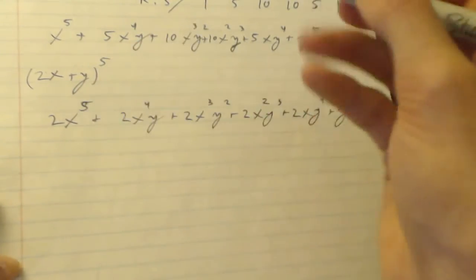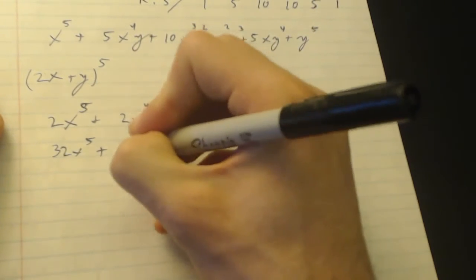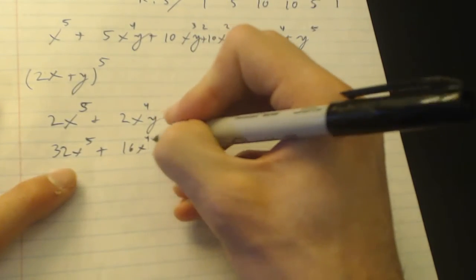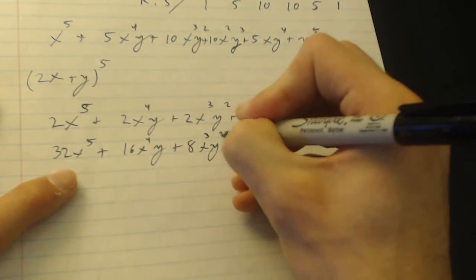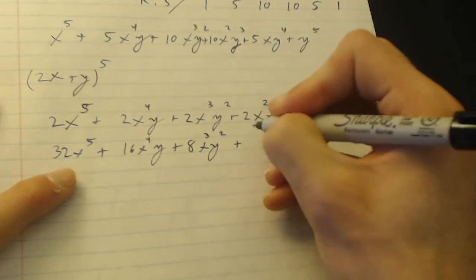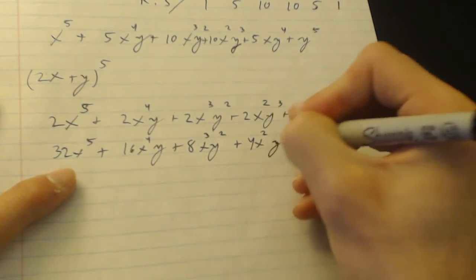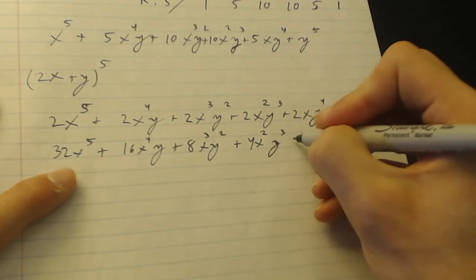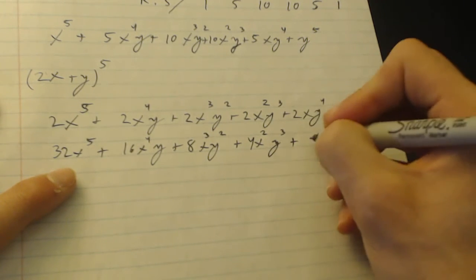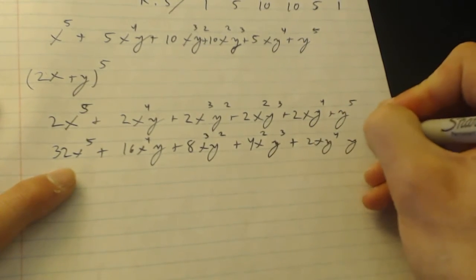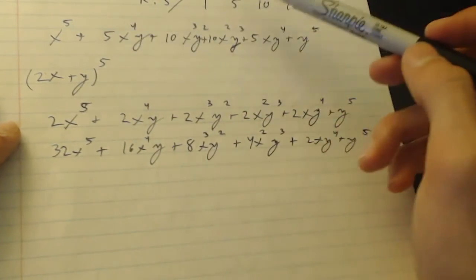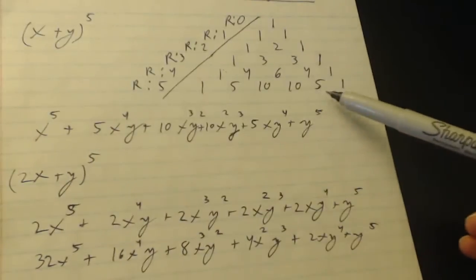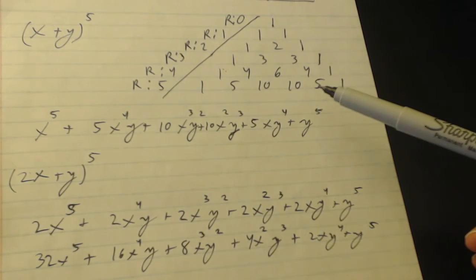So 2 to the 5th is, let's see, 32x to the fifth plus 16x to the fourth y plus 8x to the third y squared plus 4x squared y to the third plus 2xy to the fourth plus y to the fifth. Alright, since this is still on the fifth row of Pascal's triangle, we still use these same things right here.